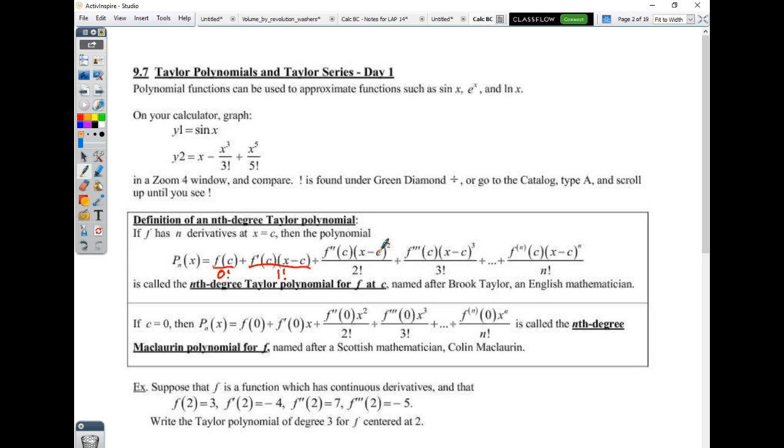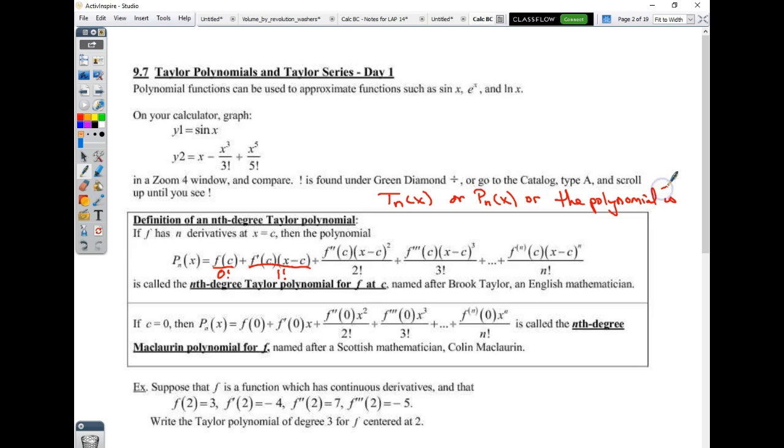One of the things I do want to talk about is naming conventions real quick. When we talk about a Taylor polynomial, we will call it one of 3 things. I will call it t sub n of x, or p sub n of x, or my personal favorite, Jimmy.